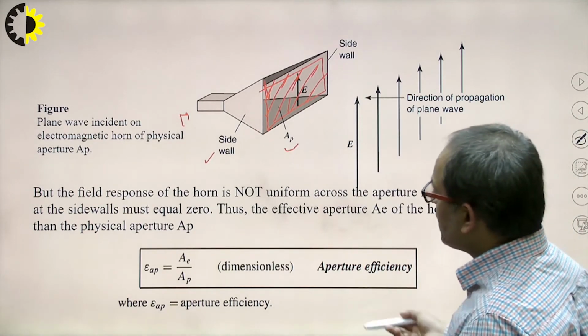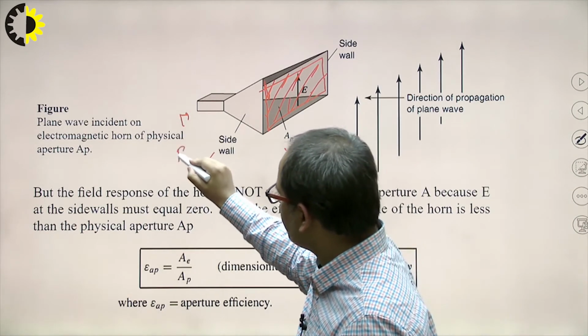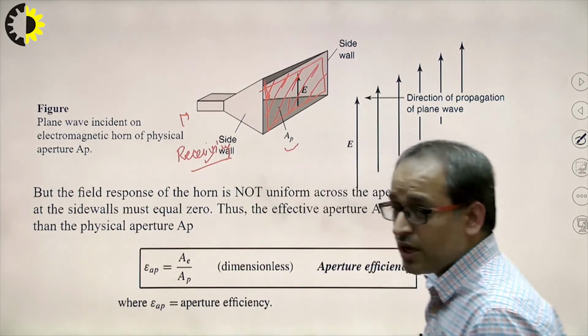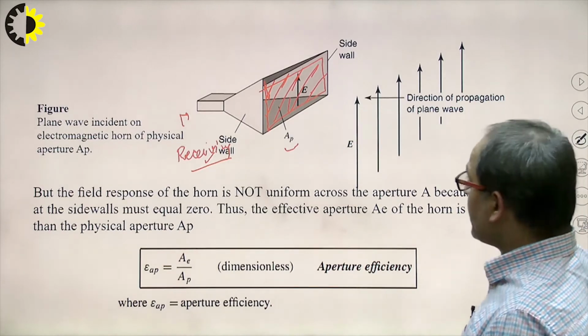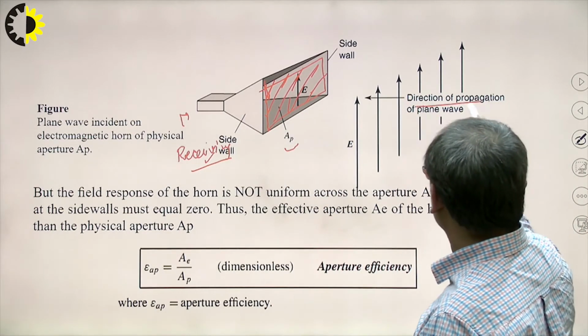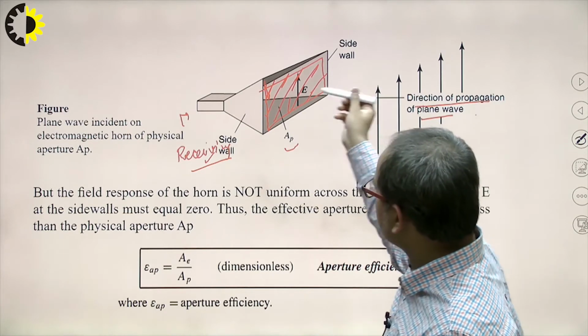Or if this acts as a receiving antenna, how much power or electromagnetic field is entering into this antenna? Let's say this is the direction of propagation of a plane wave incident on this area.